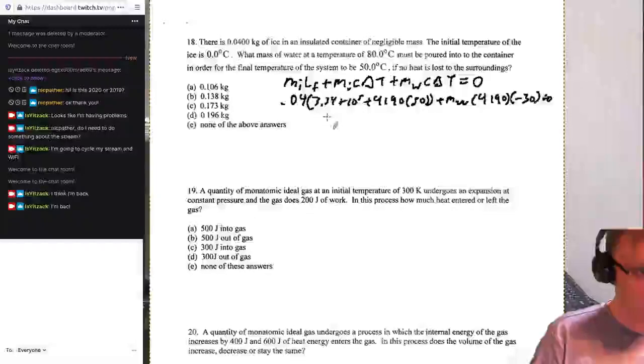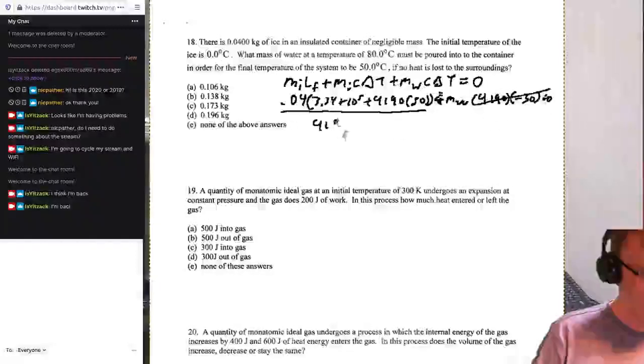Okay, so then we scratch this, we set equal, and then we divide this to the other side. 4190 times 30. This minus cancels with being brought to the other side.